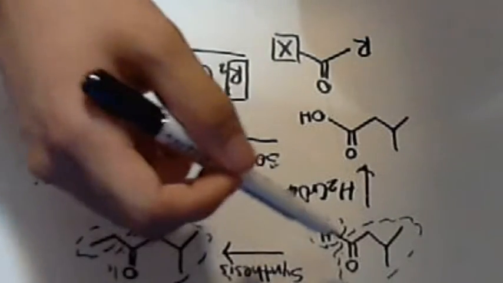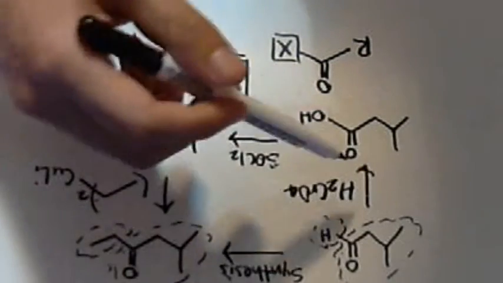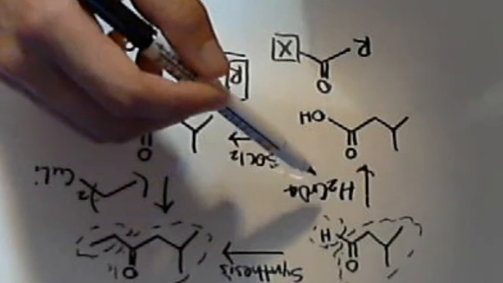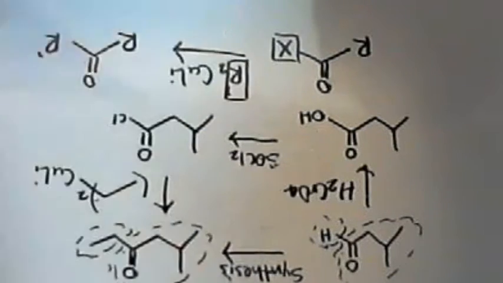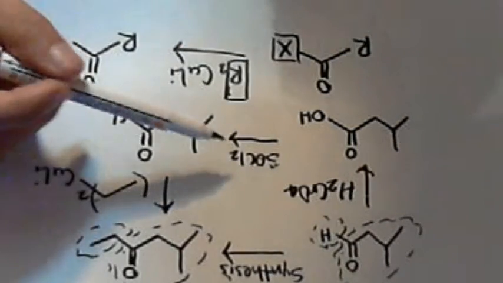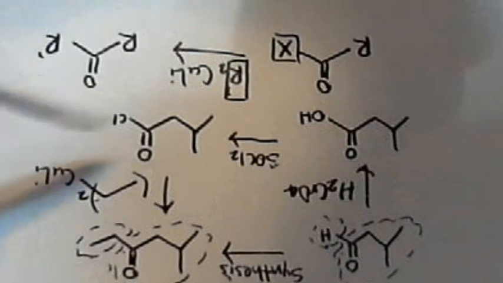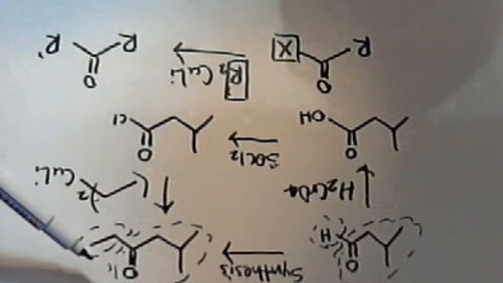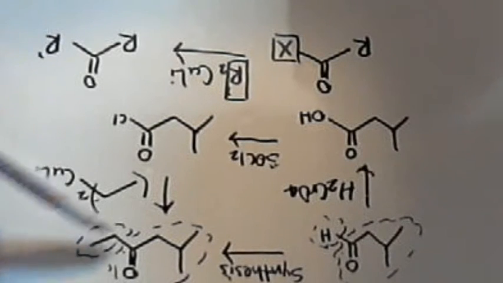So we started with the aldehyde. We wanted to make a leaving group, so we had to go through the carboxylic acid. So we used an oxidizing agent, chromic acid. We add thionyl chloride to get our leaving group, and we added the copper lithium to go to our intended product.